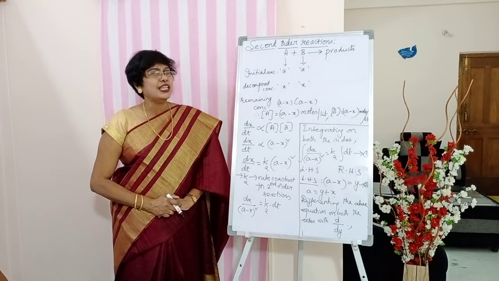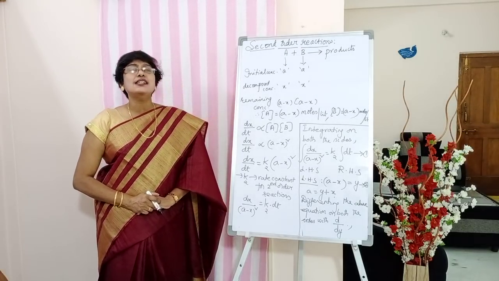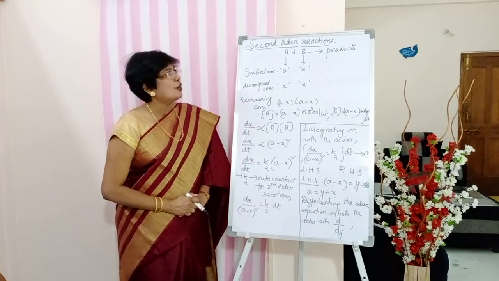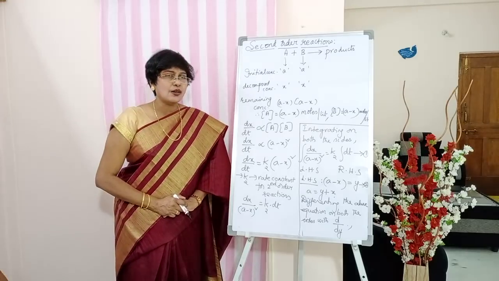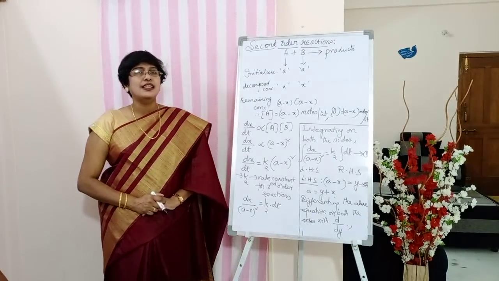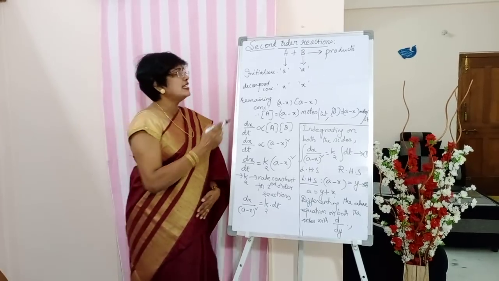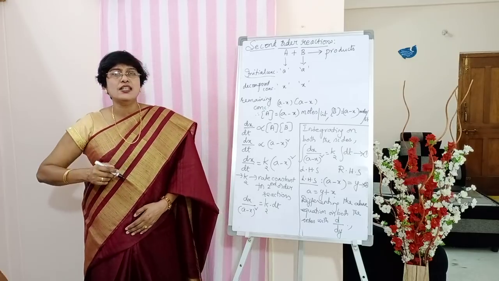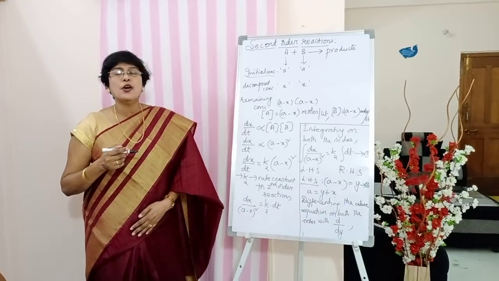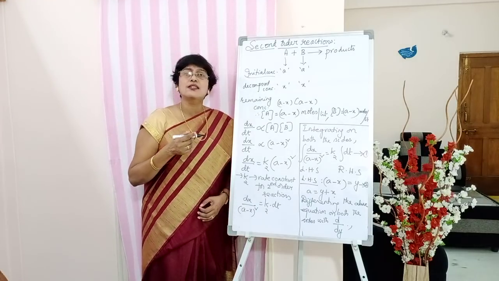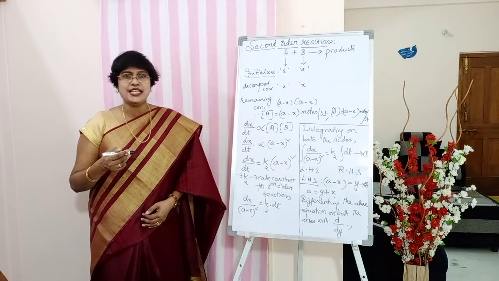Initially, when time t is 0, the concentration of A, let us assume it to be a moles per liter, and initial concentration of B, let it also be a moles per liter. For your easy understanding, I have written like this. Put an arrow, initial concentration of A, small a moles per liter, initial concentration of B also small a moles per liter.